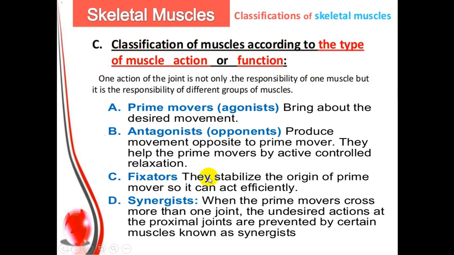Fixators are usually those muscles which are responsible for fixing the proximal attachment of a muscle, or fixing a joint or part of an articular surface, so that the movement is augmented.